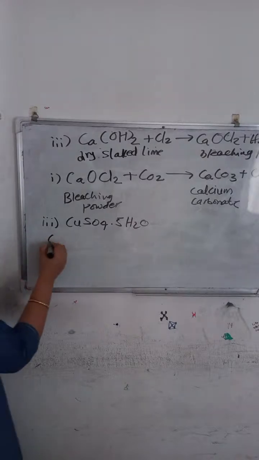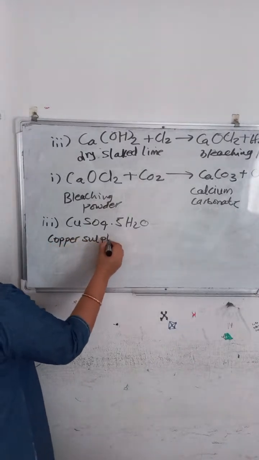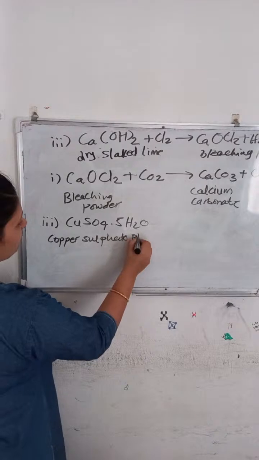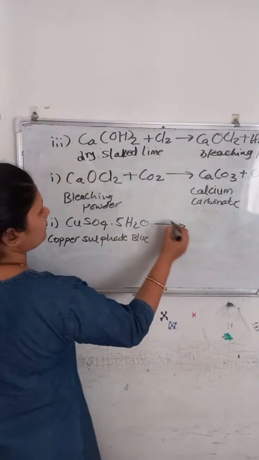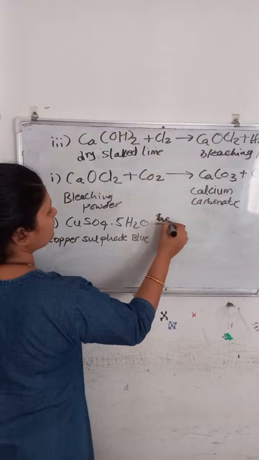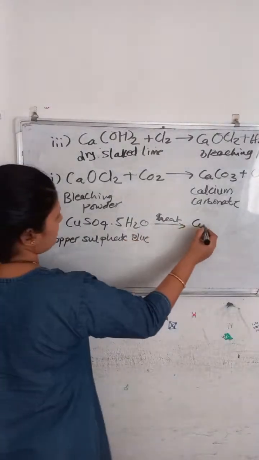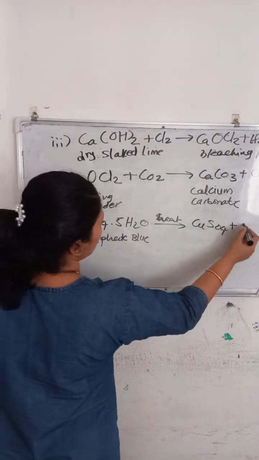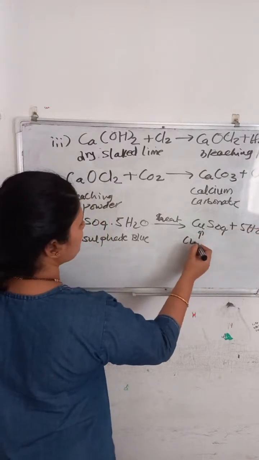Then when it is heated, you can give here heat, then it forms CuSO4 plus 5H2O. This is nothing but copper sulfate.